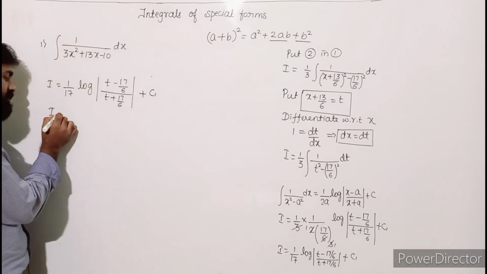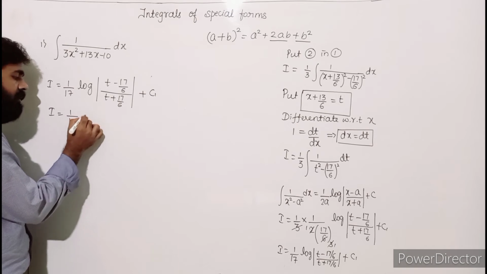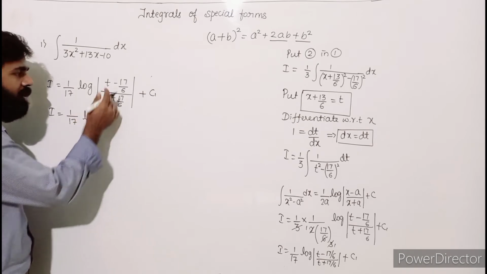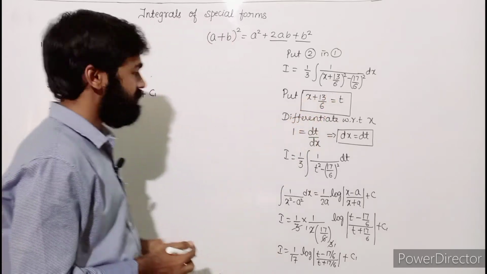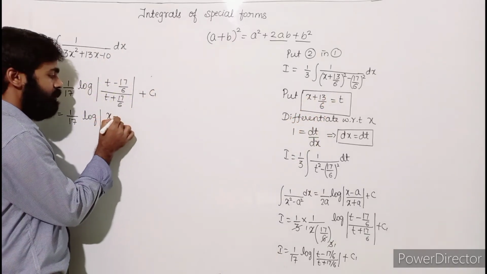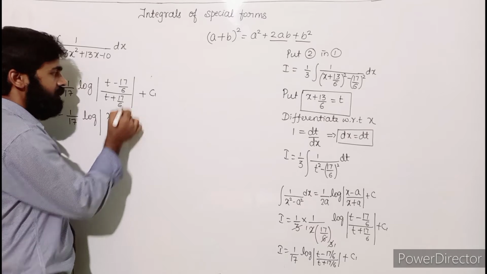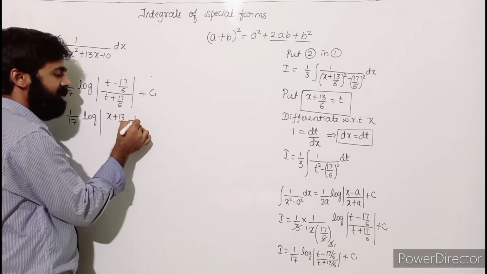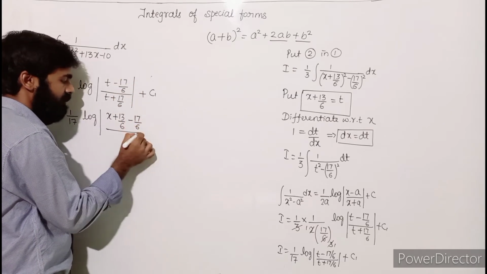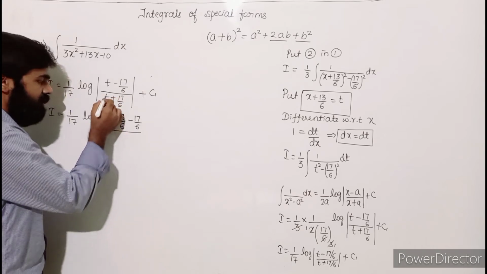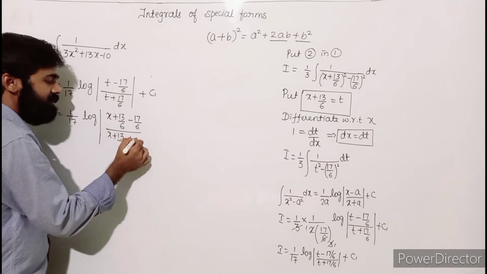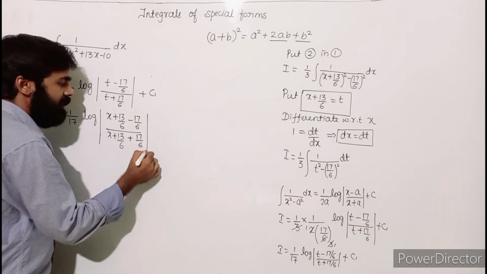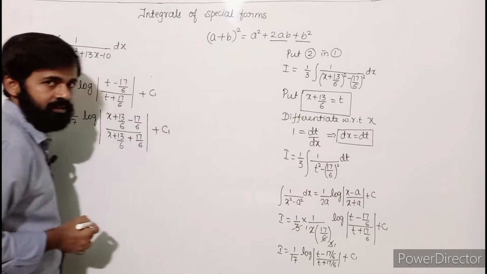Now I equals 1 by 17 log of mod of, t is x plus 13 by 6, so x plus 13 by 6 minus 17 by 6, divided by x plus 13 by 6 plus 17 by 6, plus constant of integration c1.